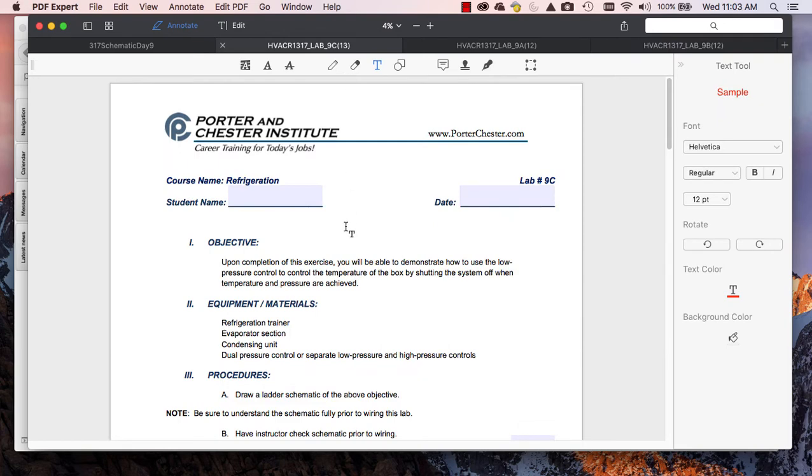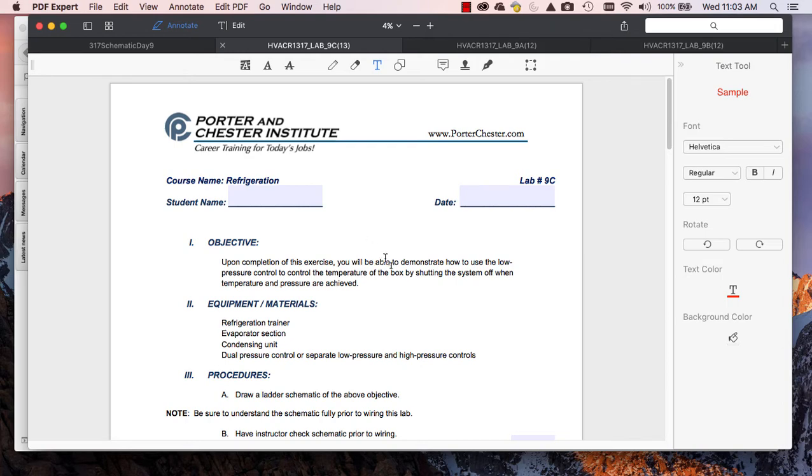You are going to use the low pressure control to control the system. Now, on this one, what I would do is take your circuit from 9B, the one you did on the last one, and I would just take the thermostat out of the circuit. So you already have a circuit with a thermostat controlling the entire system and a pressure control controlling the condensing unit. What I would do here is just take the thermostat out of the system.